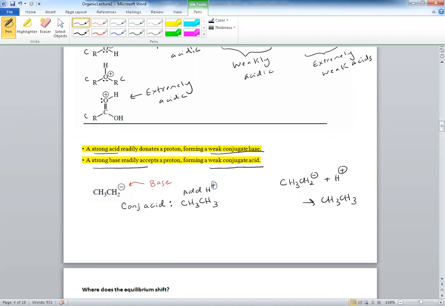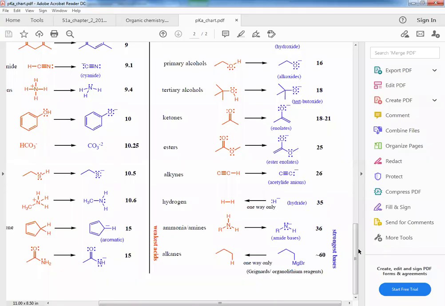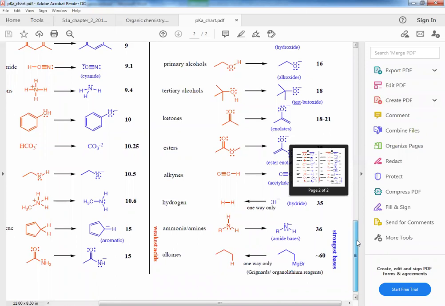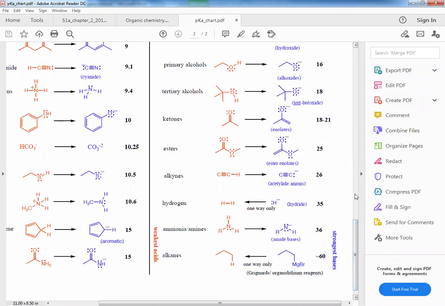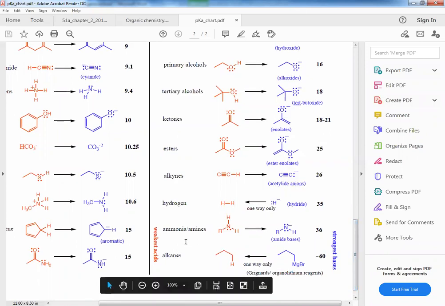So if we go to the chart and look up the pKa of this, it would be right here. It's an alkane, all it is is carbons and hydrogens.